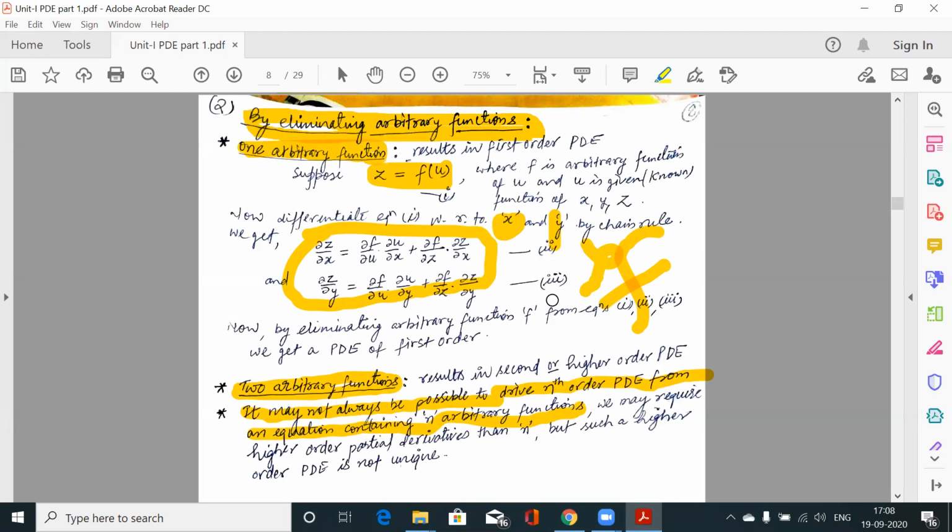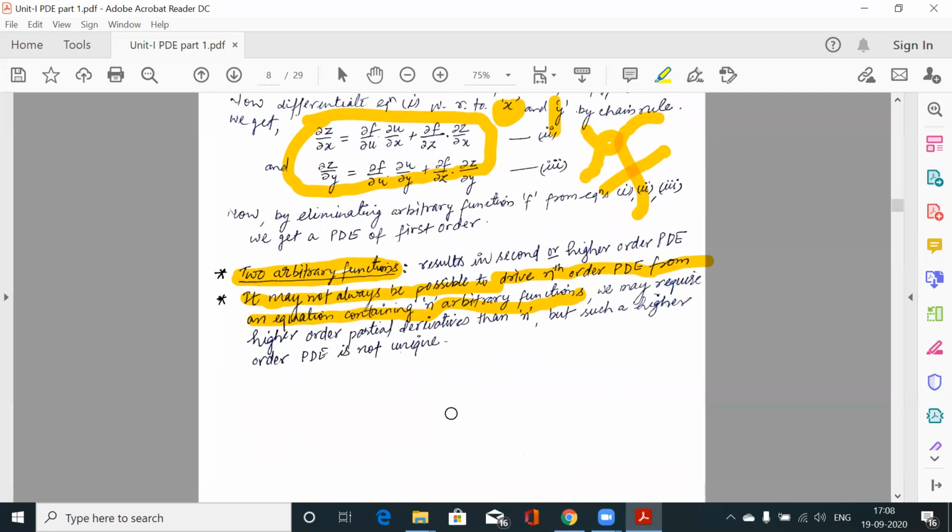That is our purpose: one PDE without the arbitrary function. And suppose there are two arbitrary functions, then we calculate second order and higher order derivatives, and again simply try to eliminate the arbitrary functions and formulate one PDE.